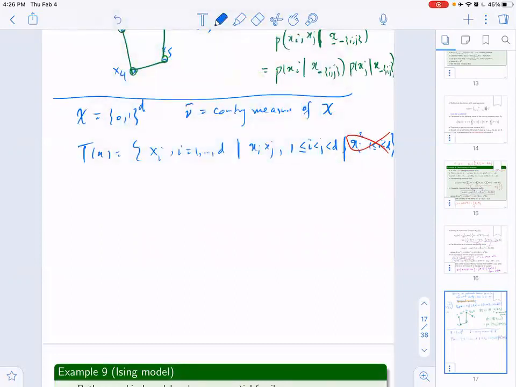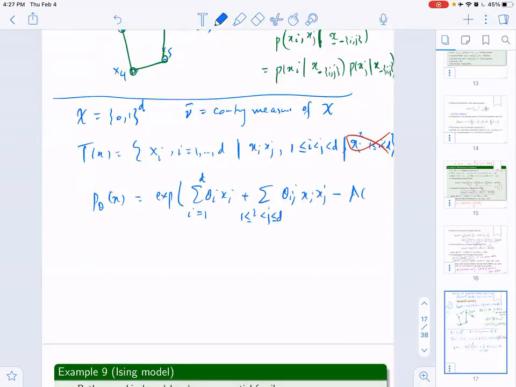And so the model would be P_theta of x proportional to exp of the sum of theta_i x_i, i from 1 to d, plus the sum of theta_ij x_i x_j over i and j in d, minus A of theta.